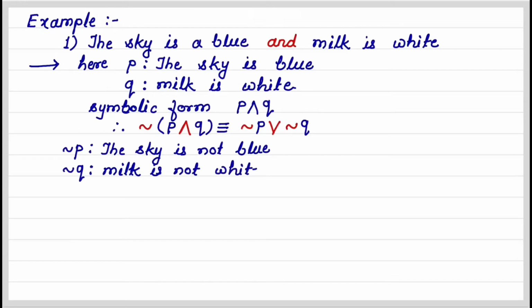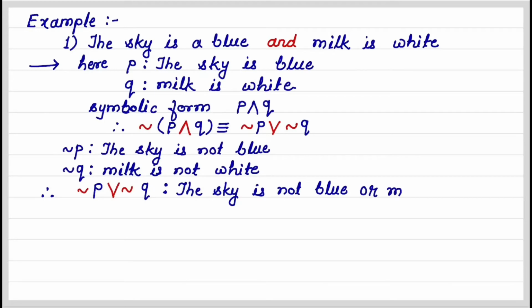Now, negation of P or negation of Q is the sky is not blue or milk is not white, which is the negation of the given statement. Remember that negation of P and Q is equivalent to negation of P or negation of Q.